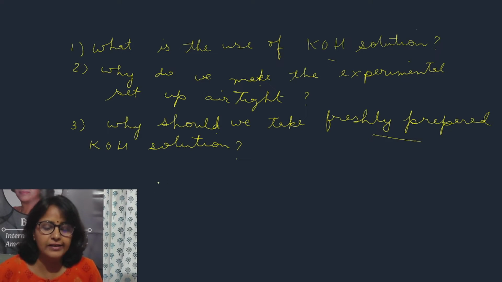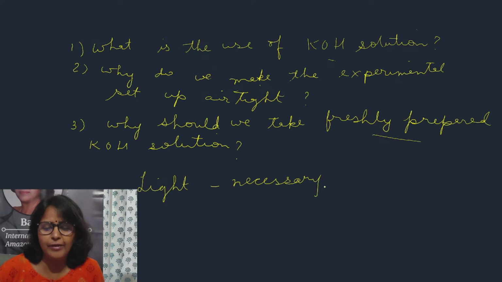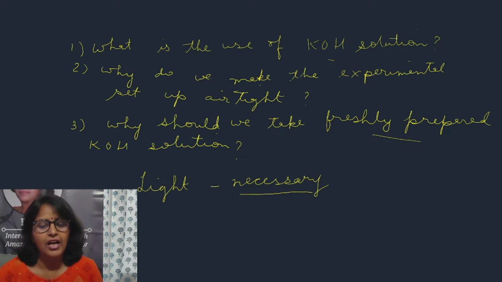Now the third one: light is also necessary for photosynthesis, isn't it? The same experiment we can perform in a different way to show that light is necessary for photosynthesis.